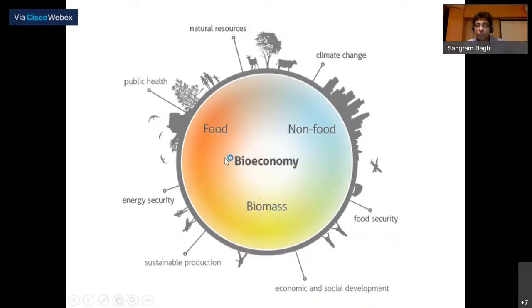Probably within the next 50 years or so, we have already started seeing the transition from the chemical economy to the bioeconomy, and you will see a fully or predominantly bioeconomic system. That is the challenge for synthetic biology too. A lot of regulations and other things are required to get there.